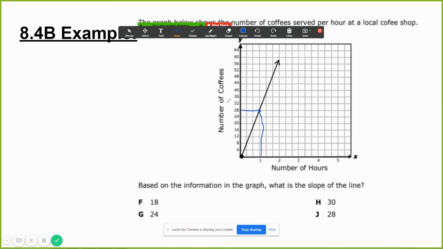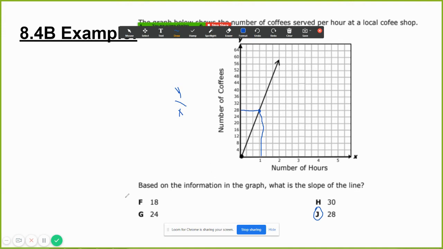I know that this coffee shop serves 28 coffees in 1 hour. So I know the slope of the line is 28 because y divided by x is going to give me 28. 28 divided by 1 is 28.